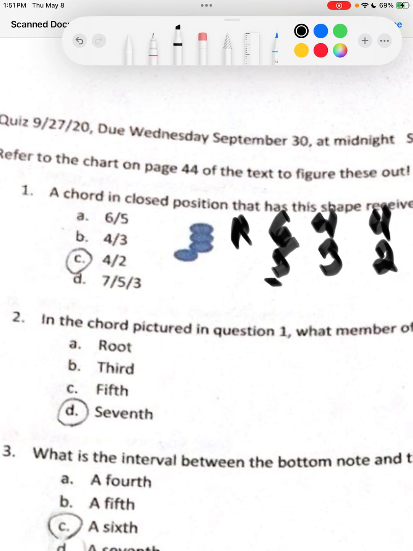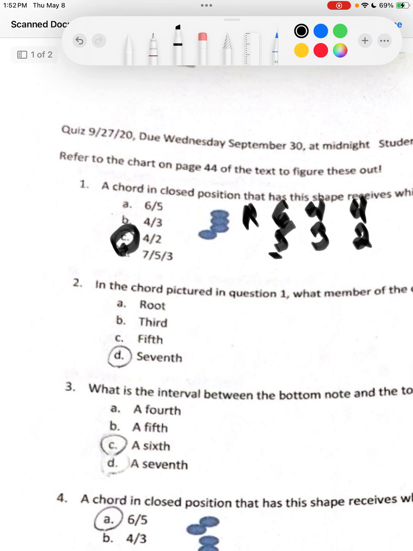Not the case. The fifth note would have followed 4-3. That's not the case. I would say number 1 is correct because the bottom note right here, the root, is going to be in this shape. It should have been 4-2. So, yeah, I'm still correct on this one.